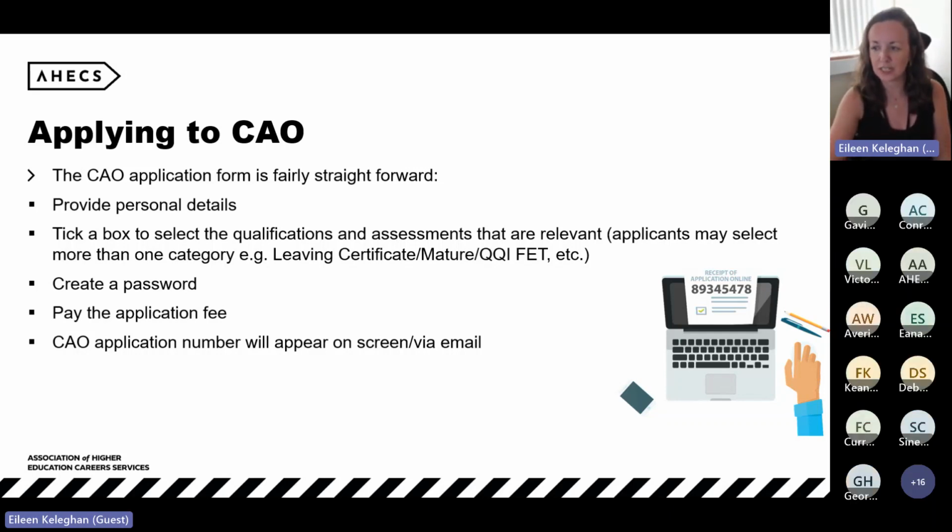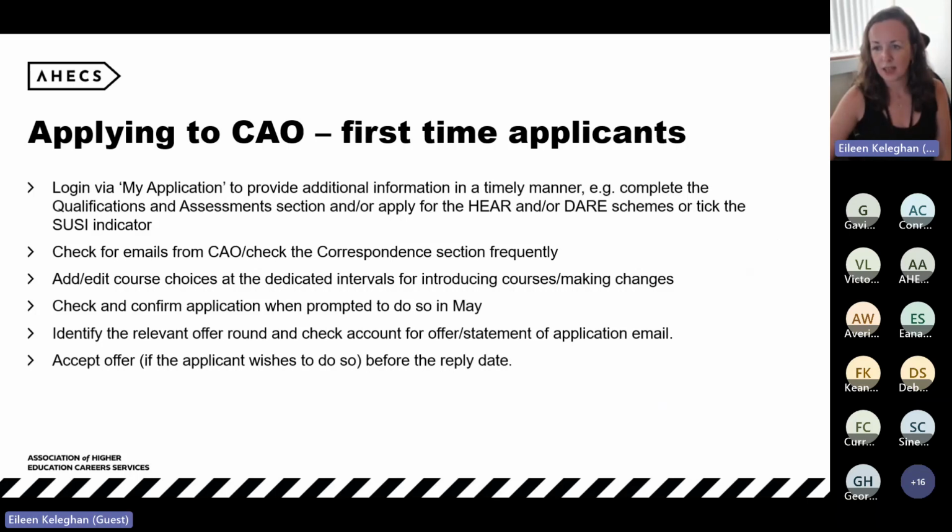So just to note that they can tick as many boxes that are relevant. They create a password, they pay the application fee, and all going well, their CAO application number will appear on screen. And then they have to log back into their application via My Application to provide any additional information, and that should be done in a timely manner.